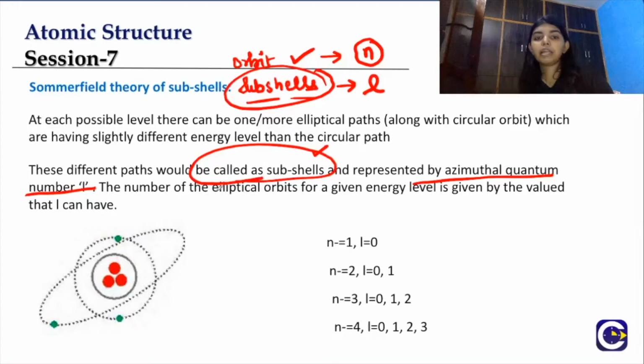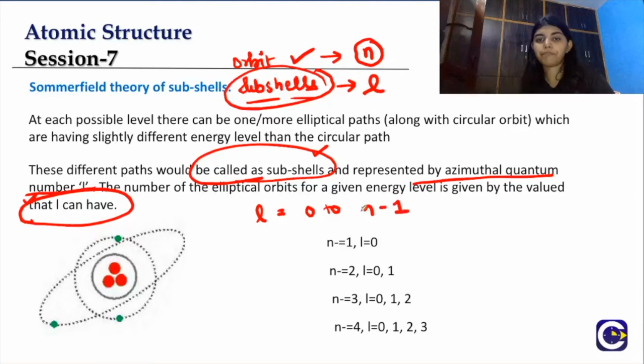He said that the number of elliptical orbits can be valued by the value of L, which can be from 0 to n minus 1.